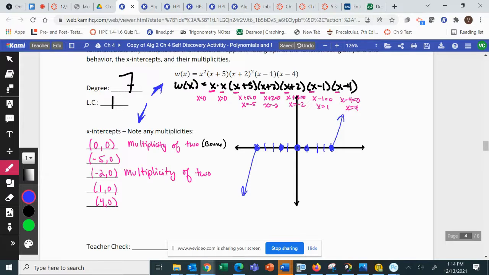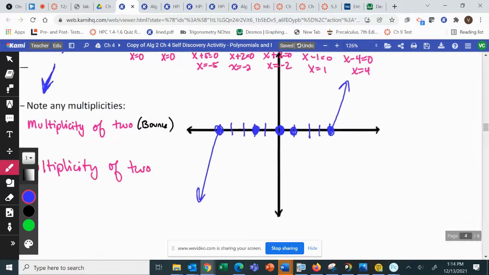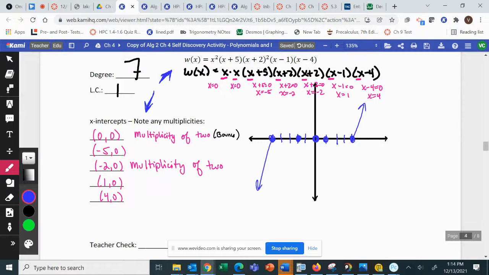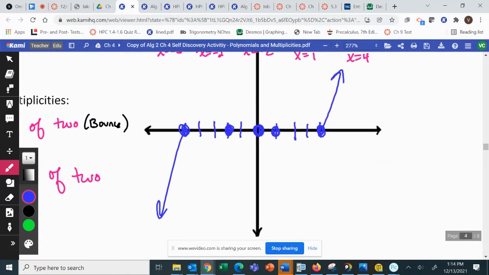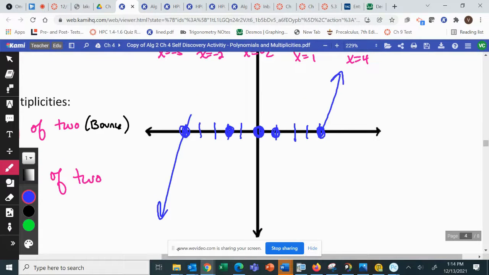Now I have to create this so that we have a bounce at 0 and a bounce at -2 and ends where it needs to end. Straight line through the other ones. Bounce at 0, bounce at -2. So bounce at -2, bounce at 0, straight through the other ones.